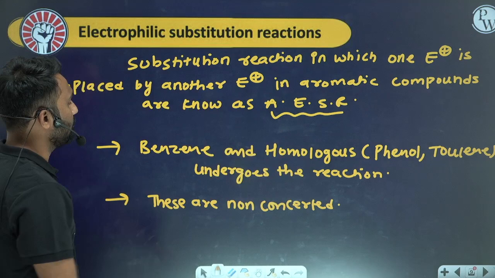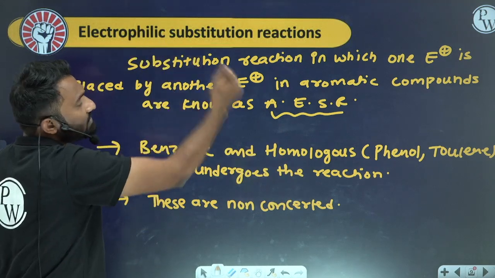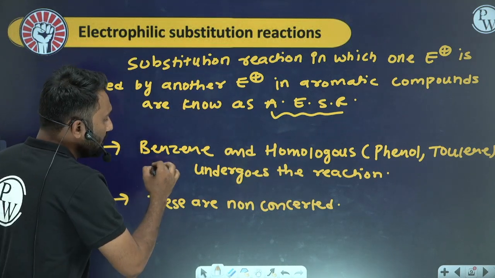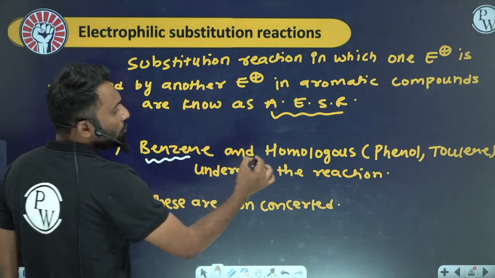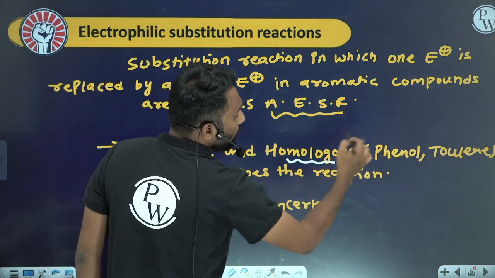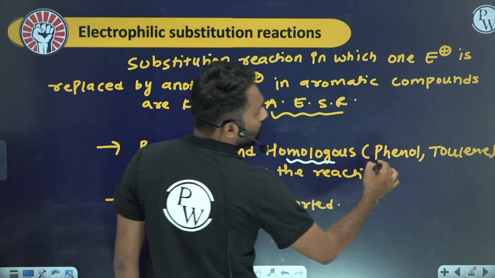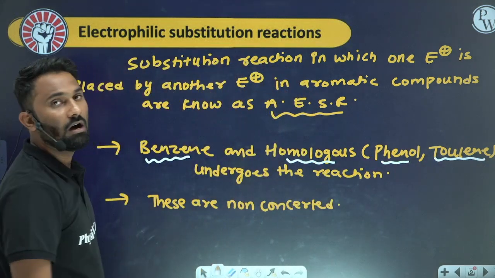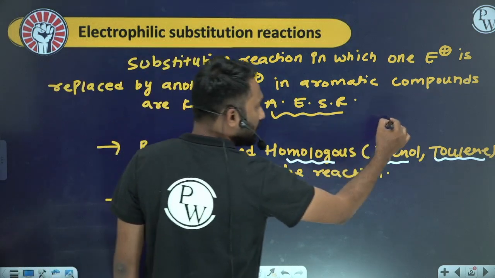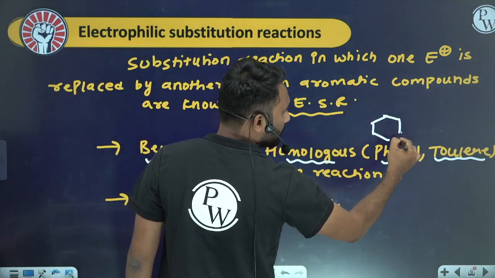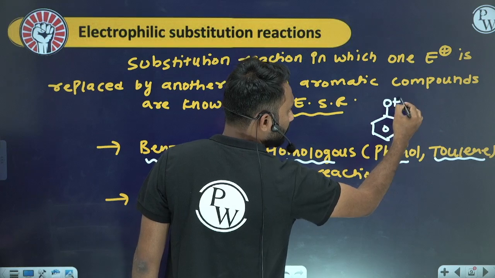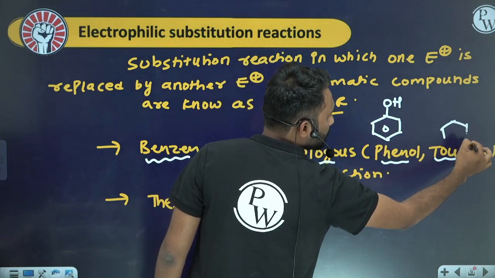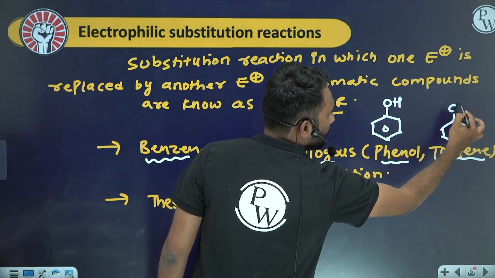Now just listen. This electrophilic substitution reaction is shown by benzene as well as its homologues, that is, benzene and its compounds, phenol, toluene. These all contain the aromatic ring. Phenol has an aromatic ring, and toluene is also having the aromatic ring.